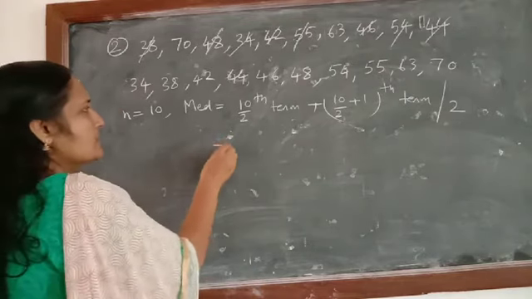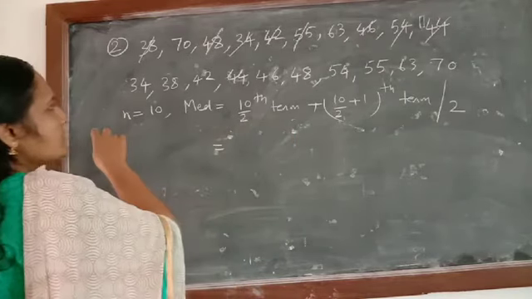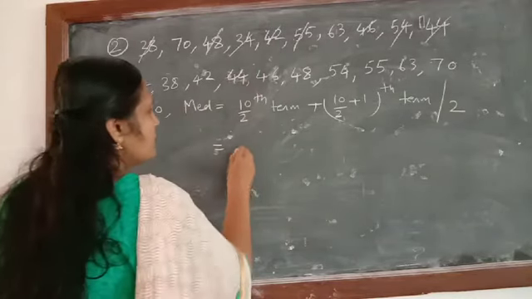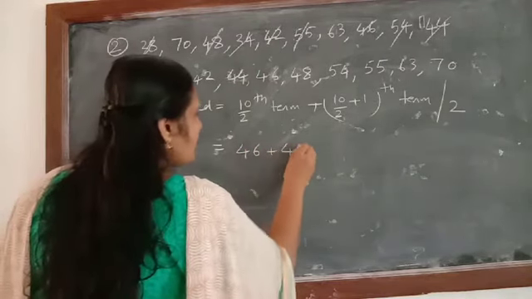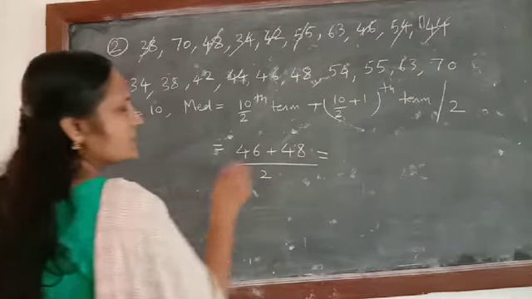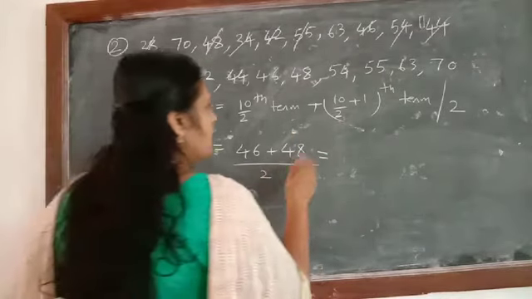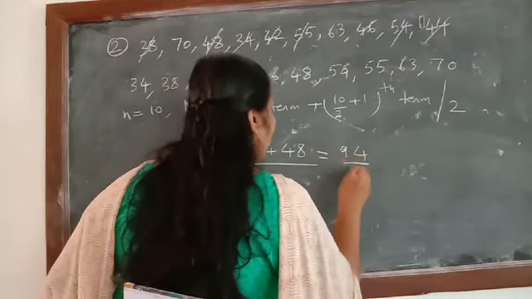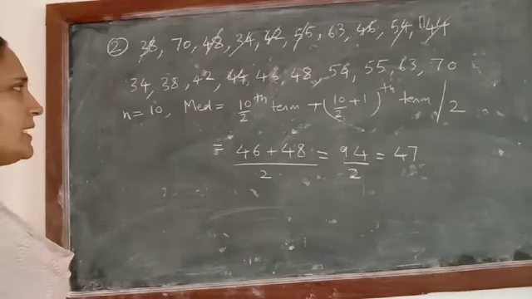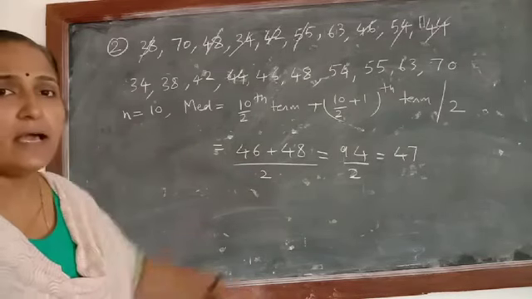So 10 by 2 means that is the fifth term. 1, 2, 3, 4, 5. So the fifth term is 46. Sixth term 48, divided by 2. 46 plus 48 is 94 by 2. And 94 by 2 is equal to 47. So we calculated the median.